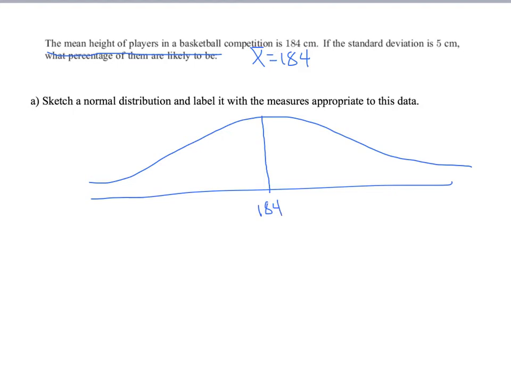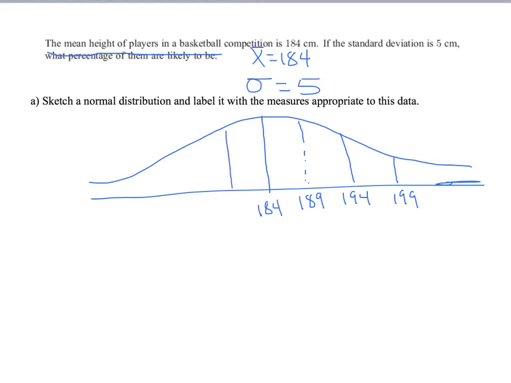What we want to do is create a number line down here relative to our mean and standard deviation. Our standard deviation is 5. So my next point on the interval is going to be 184 plus 5, which is 189. Then I'm going to add another 5, and it's going to be 194. And I'm going to add a third 5, and it's going to be 199. You only go out 3 standard deviations. Then you need to subtract 5 to the left.